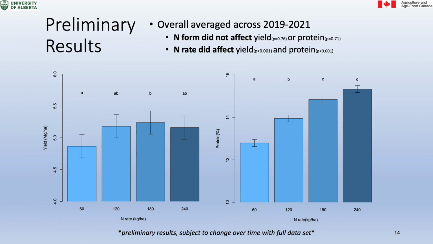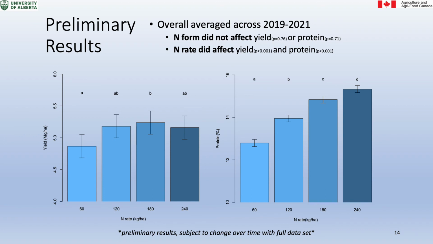Some preliminary results, averaged across the first 3 years of this experiment, are that nitrogen form did not affect yield or protein content, while nitrogen rate did. The graph on the left shows yield as a function of nitrogen rate, and the nitrogen rate of 180 kilograms per hectare significantly improved yield over 60 kilograms of nitrogen per hectare, while 120 and 240 produced similar results to each group.